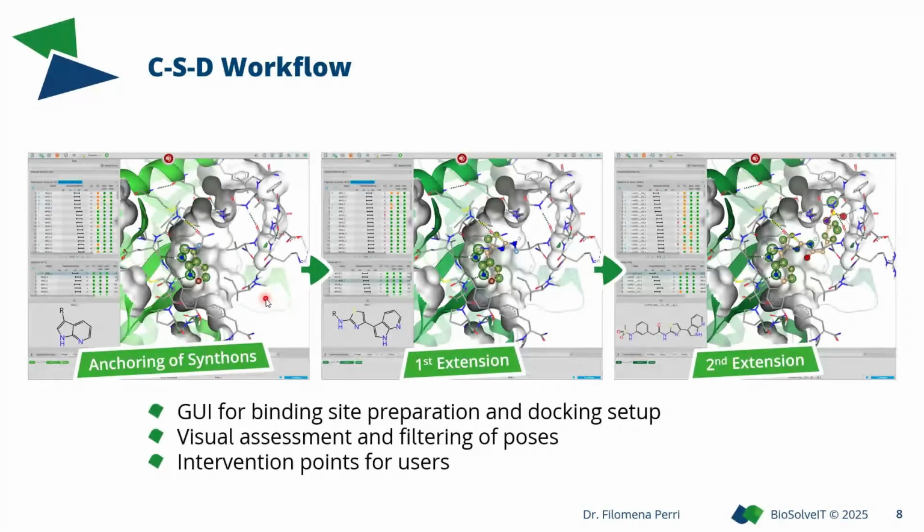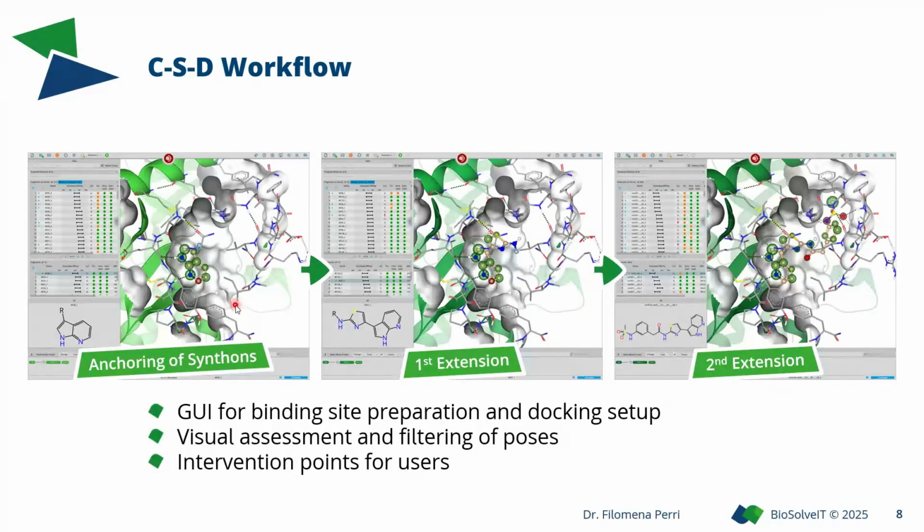At the same time, to guide the process and keep key interactions, we can also apply pharmacophore constraints to keep key H-bond network interactions and so on. So the process can be guided, and the visual and manual assessment that we do later allows the user to really put their expertise into play and select those anchors that really are meaningful.